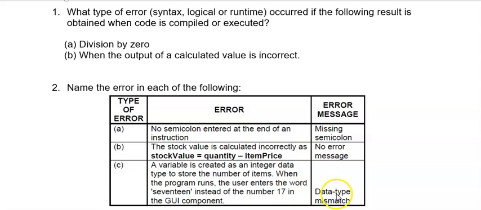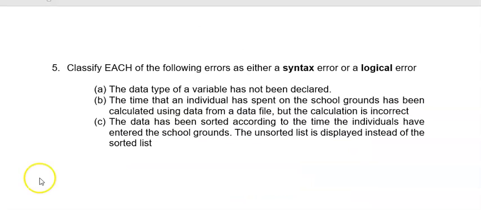The error message here is data type mismatch, and your program will crash, as I'm sure you have experienced if you forget to enter something in an edit box and you click the button to convert a number to an integer. The program will also crash when you enter the word 17 instead of 17 and you try to string to int that. Therefore, this is a runtime error as the error happens while my program is running.